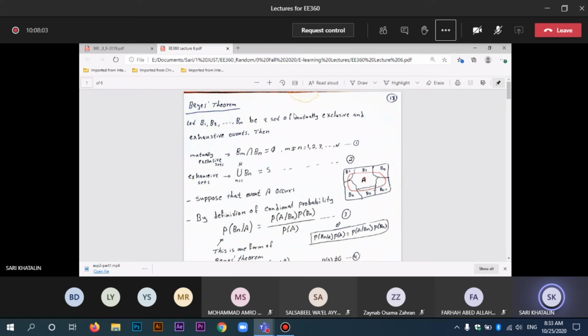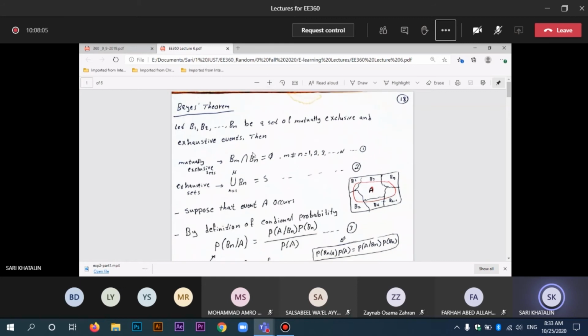So today we're going to begin talking about Bayes' theorem, as you can see here. This one is similar to the total probability, if you will. Now, assume that we have a set of mutually exclusive and exhaustive events. Those sets are B1 through Bn, as shown in this figure right here: B1, B2, B3, B4, all the way to Bn.